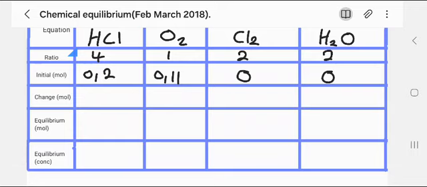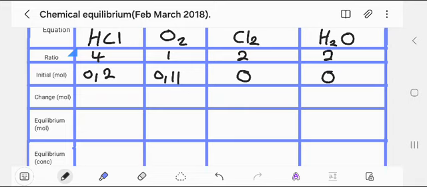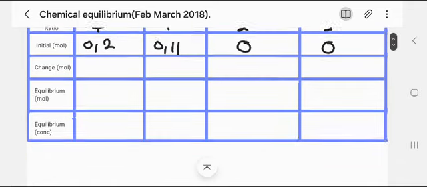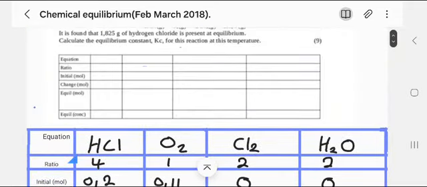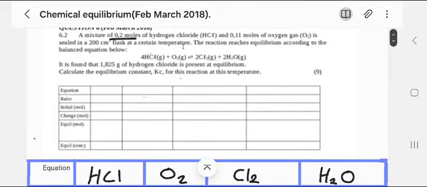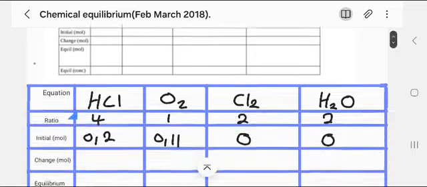So the important one is this column, the change. This column is very important, the most important one also. But we are also given that it is found that 1.825 grams of hydrogen chloride is present at equilibrium.